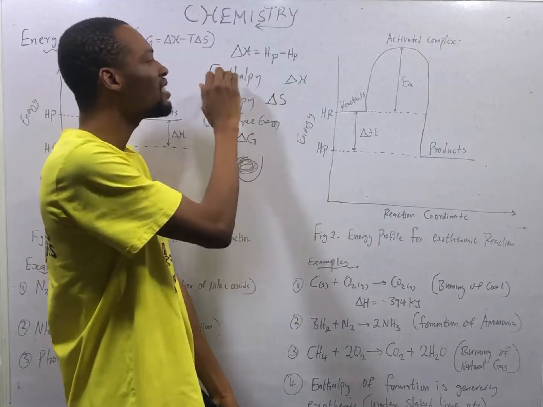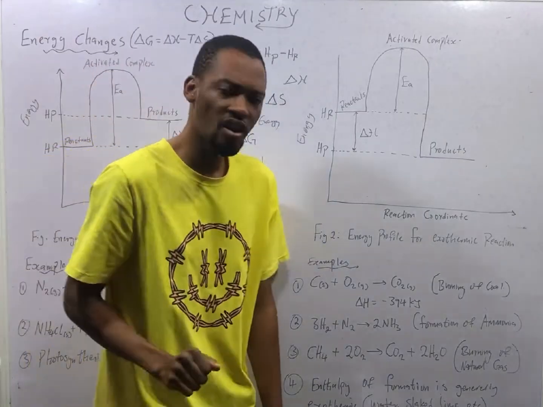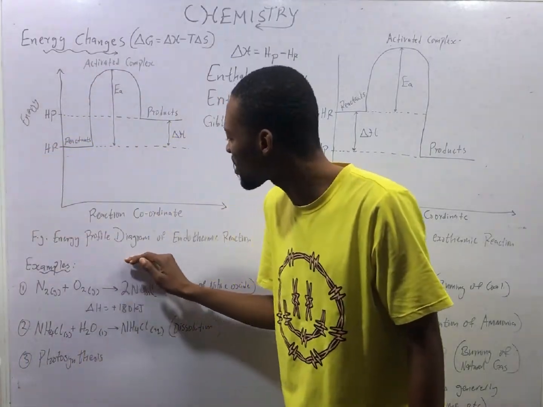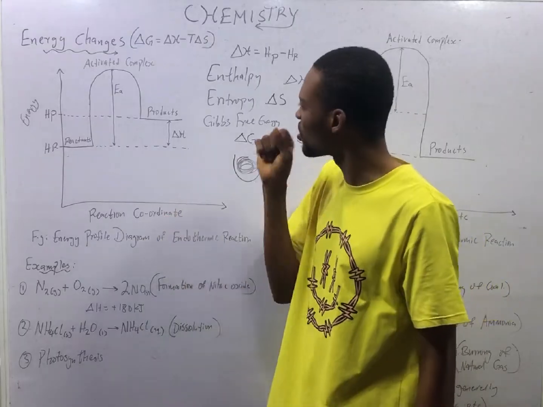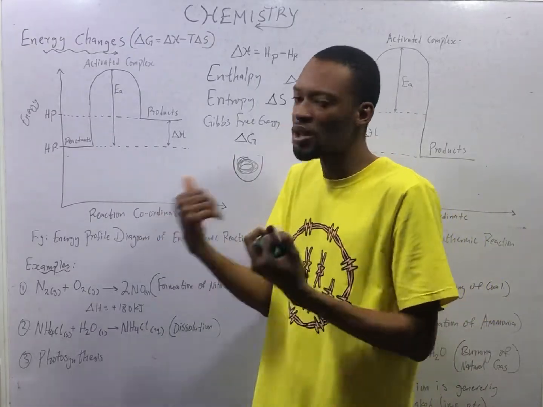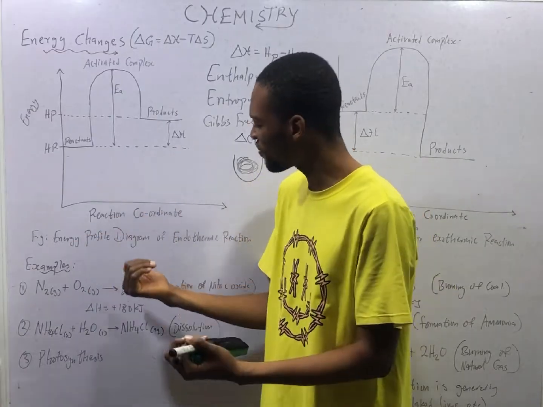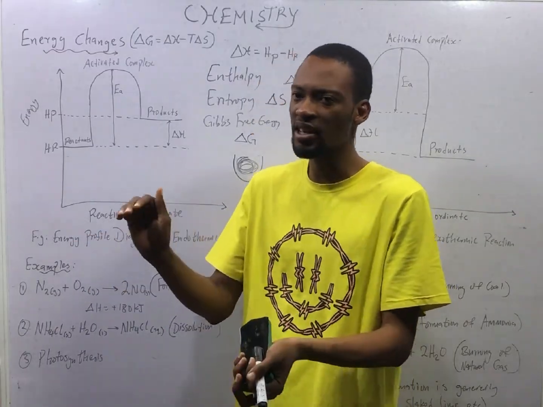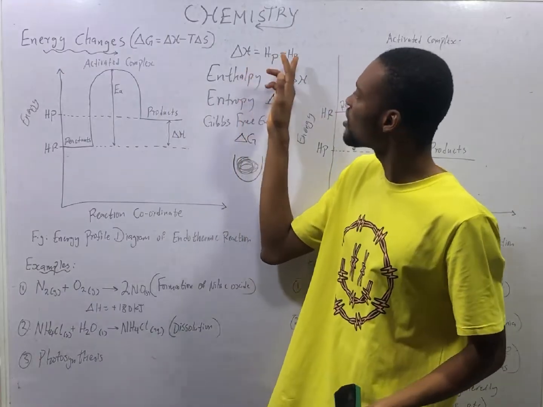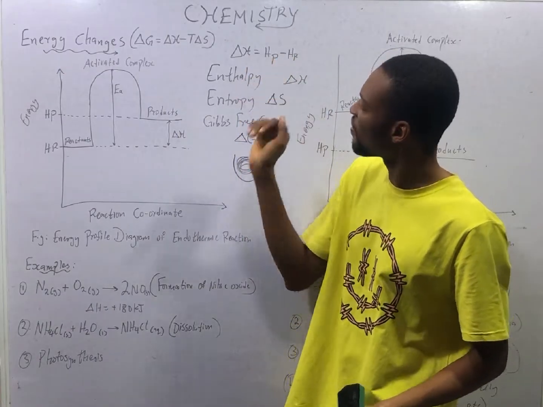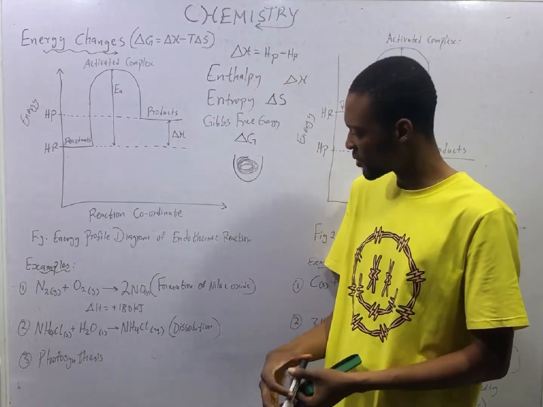Therefore, delta H will be negative. For an endothermic reaction, since the reactants absorb heat, as the products are being formed, the product gets hotter. So the heat of the product is more than the heat of the reactant. Therefore, delta H is positive.